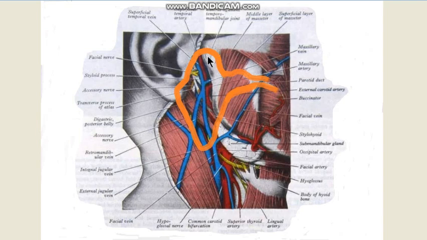So from this temporofacial trunk you have the temporal branch, the zygomatic branch. From the cervicofacial trunk you have the upper buccal, the lower buccal, the marginal mandibular and the cervical branch. Now this plane of the facial nerve divides the substance of the parotid gland into a superficial part and a deep part, and this arrangement is also called the parotid sandwich.